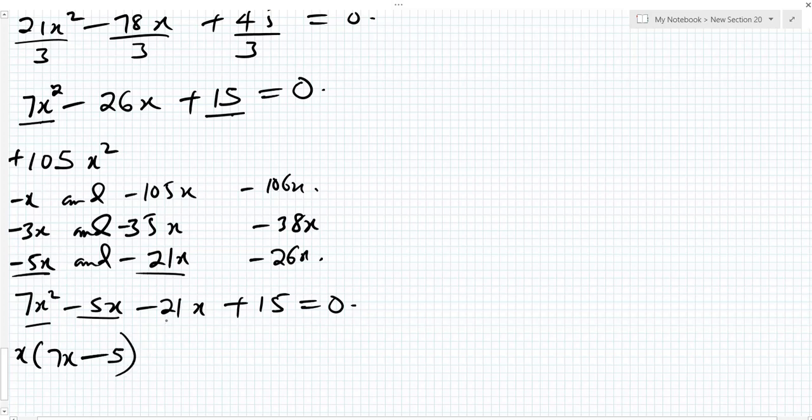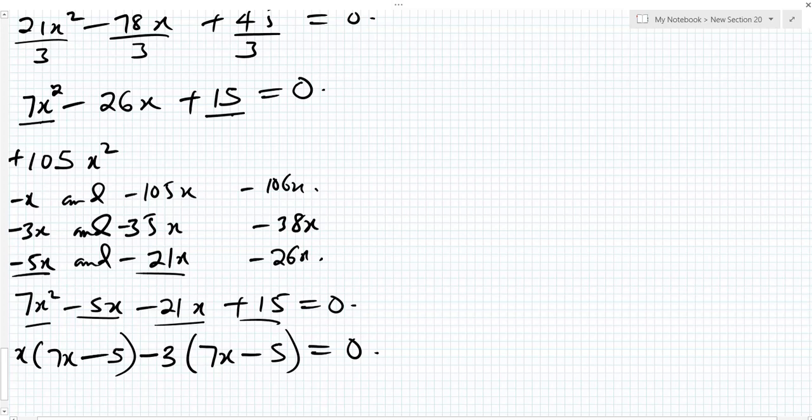Now what is the lowest common factor of minus 21x and plus 15? The lowest common factor here is minus 3. So if you use minus 3 to divide minus 21x, you have plus 7x. If you divide plus 15 by minus 3, you have minus 5.